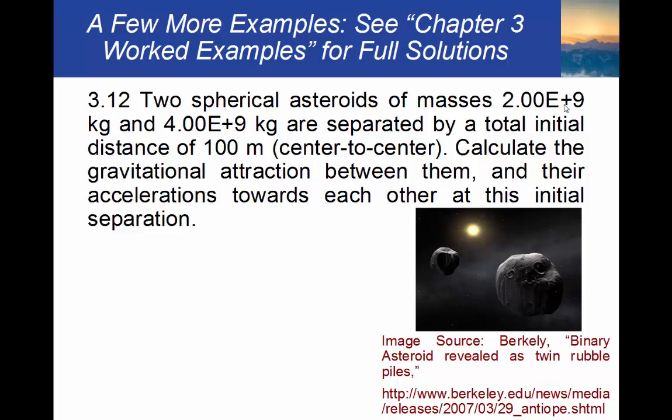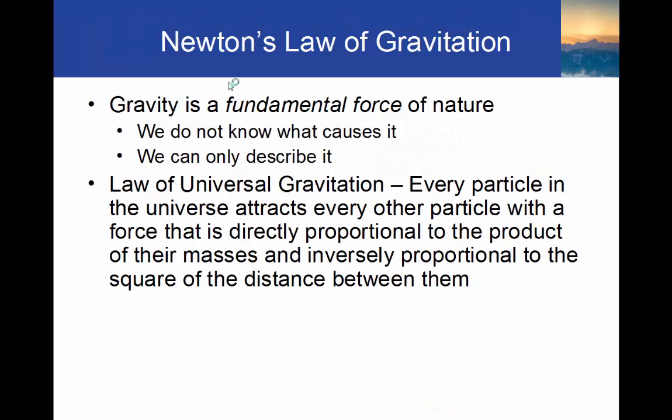So 2.00 capital E plus 9 is the same thing as 2.00 times 10 to the power of 9, which is 10 times 10 times 10 times 10 times 10 times 10 times 10 times 10 times 10, or 1 billion. So let's go ahead and now do this example.